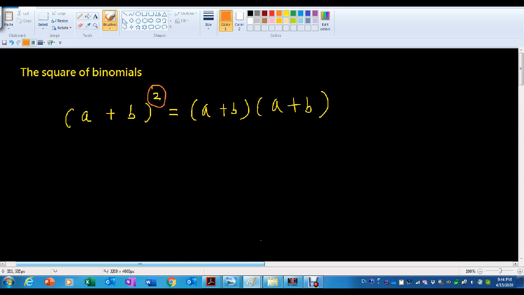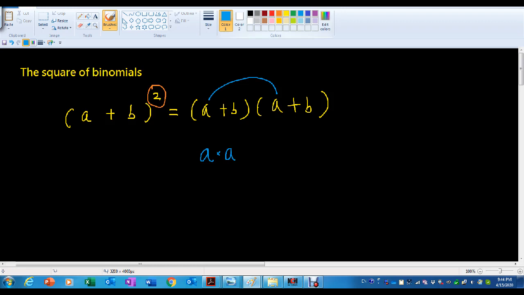Then we are going to use the method of FOIL. Do you still remember how to use that method? F means first: the first term in the first bracket multiplied by the first term in the second bracket. So it gives us a times a.